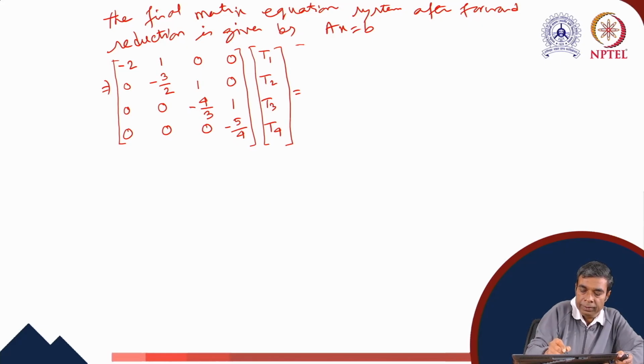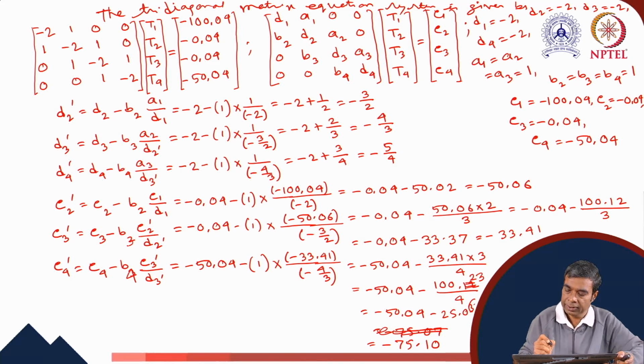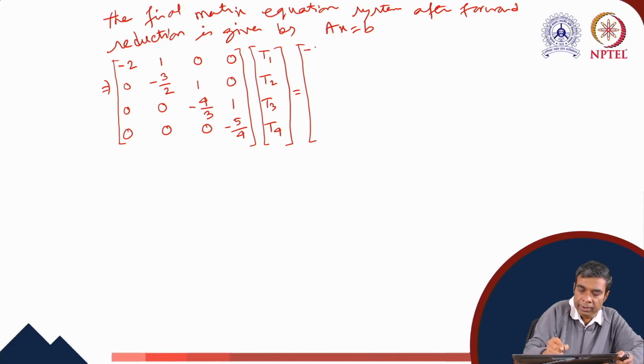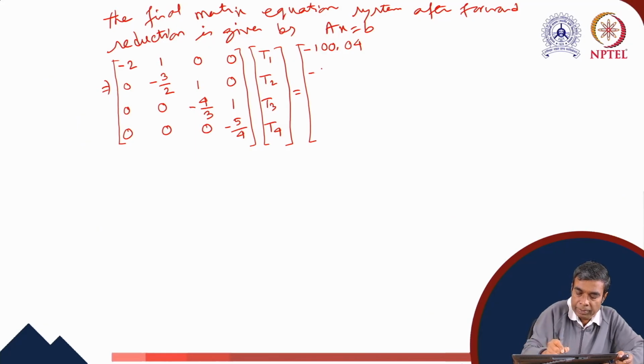Our updated load vector data are given as C1 is minus 100.04. This is the original data. Our C2 is now C2 dash, minus 50.06.